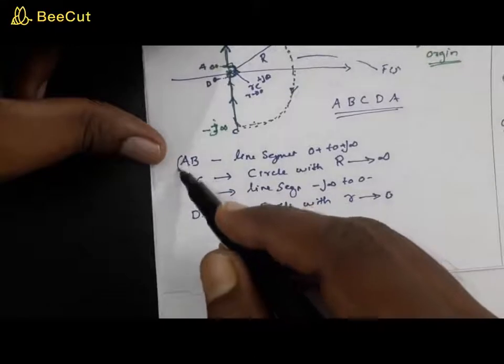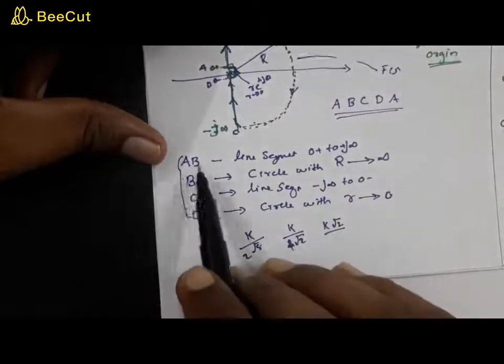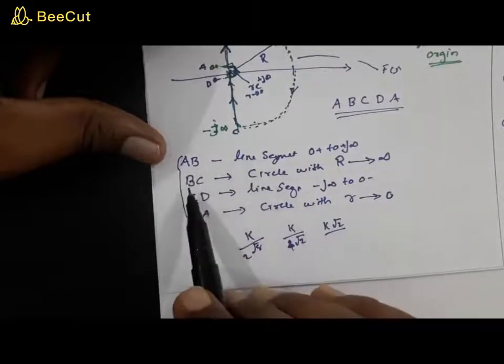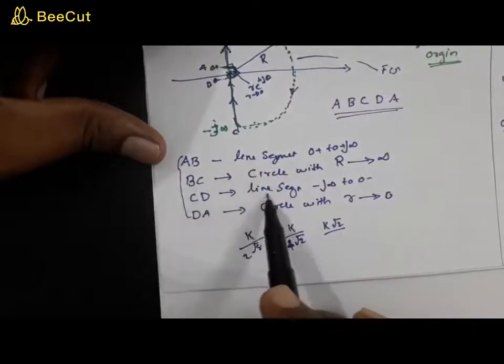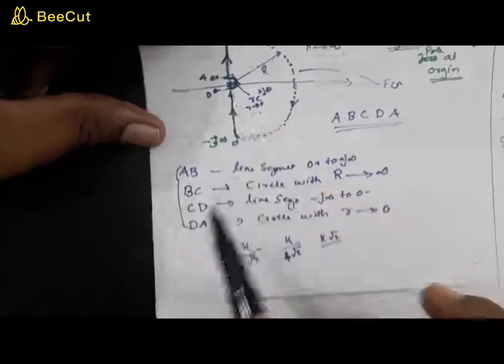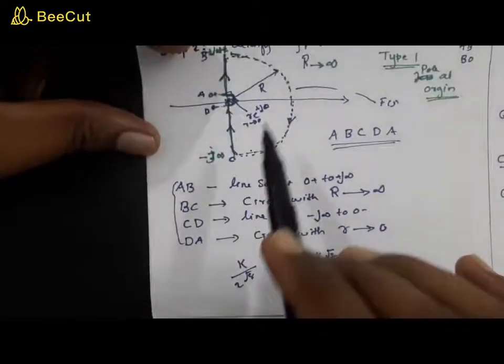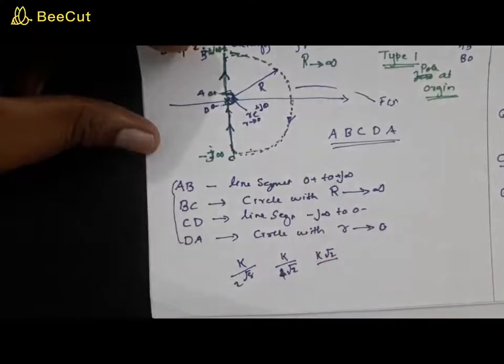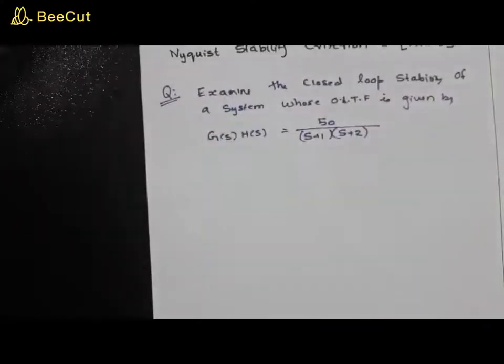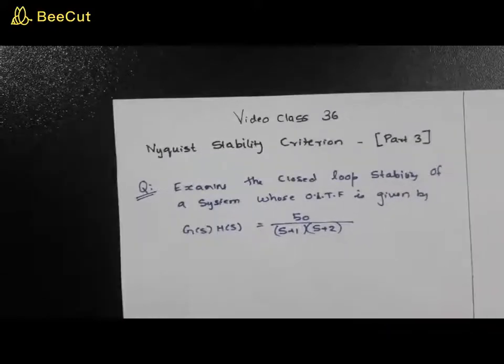So you've got four segments. One is the AB line segment, then you have a BC circular segment, then you have a CD, which is a line segment again, and a DA, which is again a small circular segment.